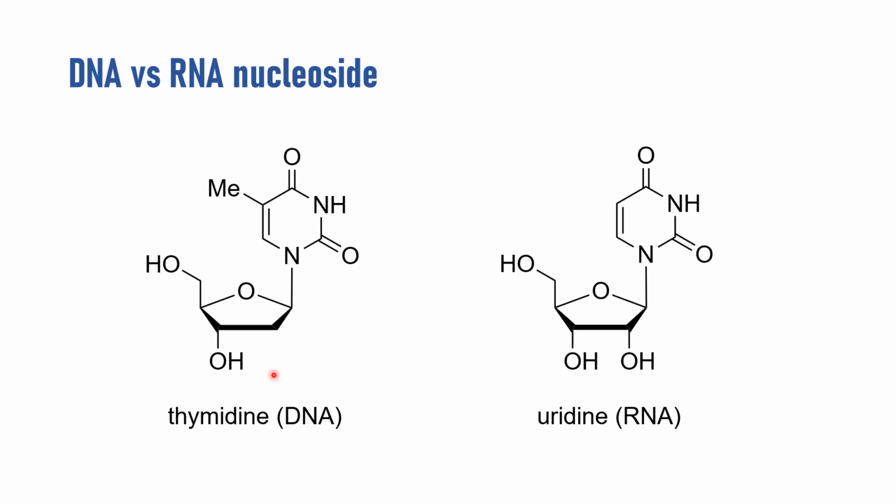So this is called deoxyribose, which is present in DNA. And then again, the main difference between RNA and DNA is in case of DNA, we have thymine as the base. In case of RNA, thymine is substituted by uracil. So this simple nucleoside is a nucleoside of the RNA. This is a nucleoside of the DNA.